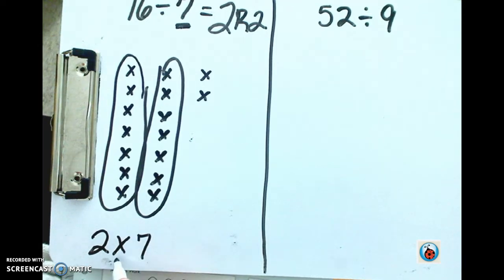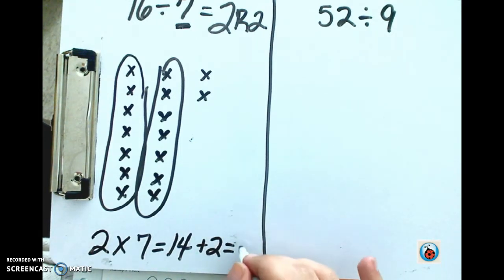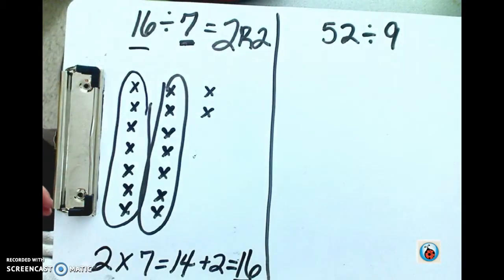Remember, multiplication means groups of. 2 groups of 7 is equal to 14. And then what do I do with the remainder? Do I multiply or add it? Show me with your arms. Ready? 3, 2, 1, show me. Addition, very good. Whenever I add it, I got 16. My dividend is 16. Do they match?